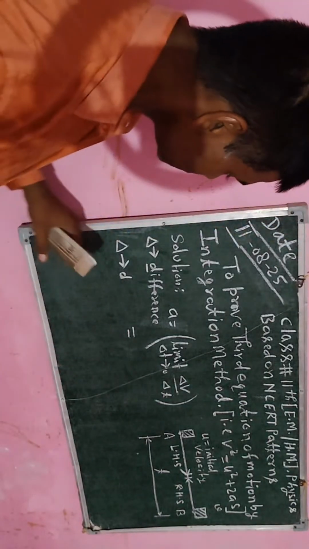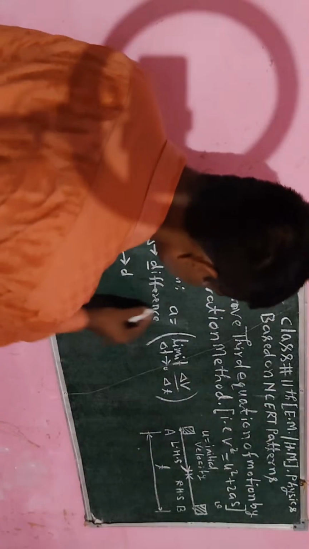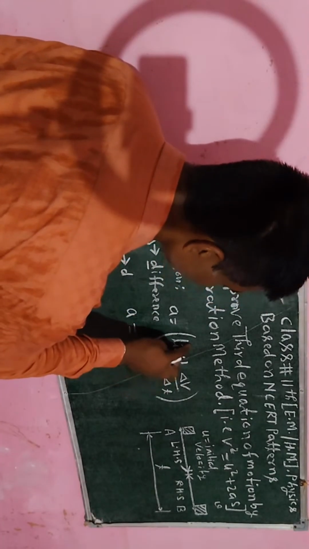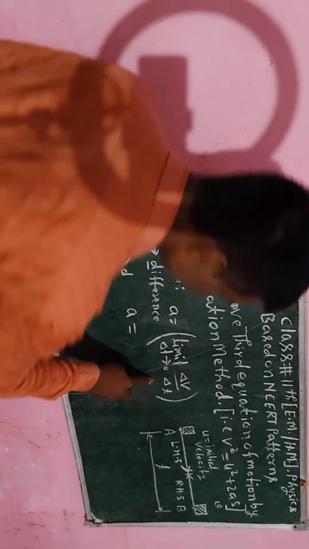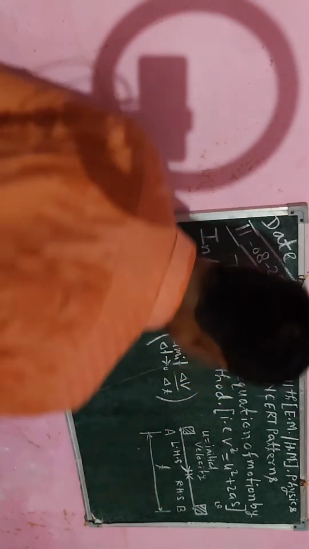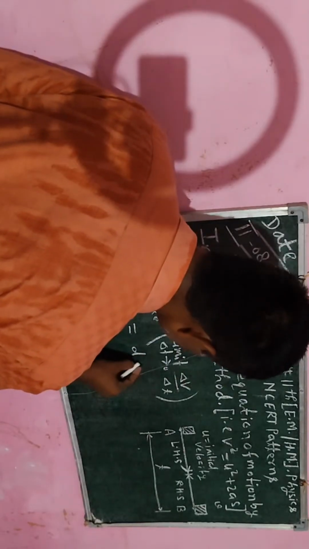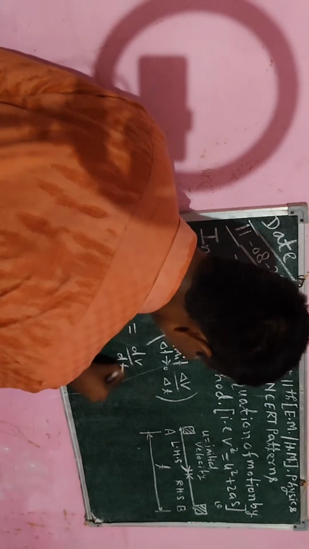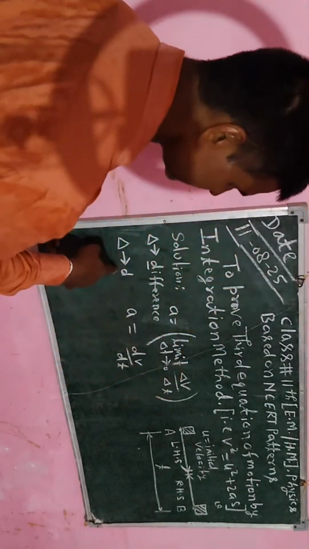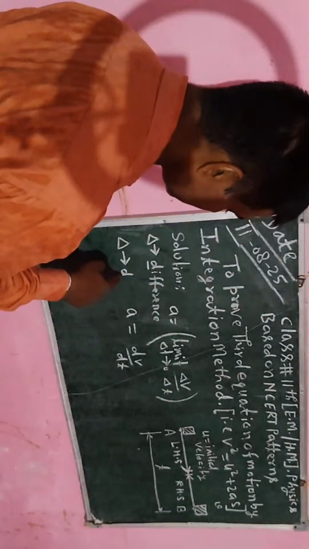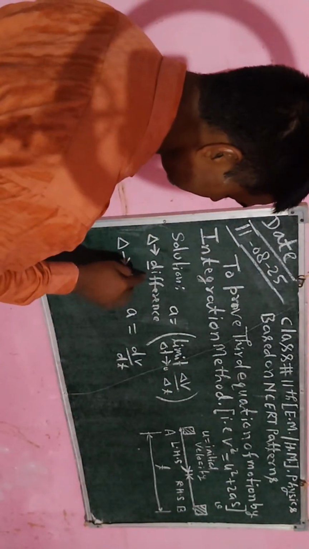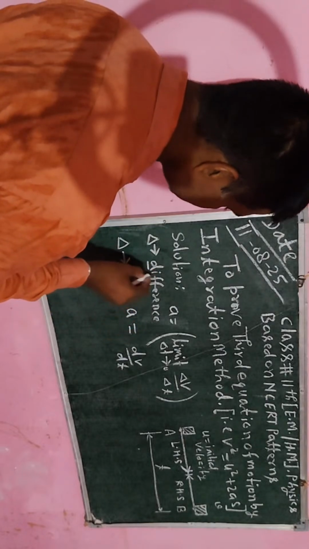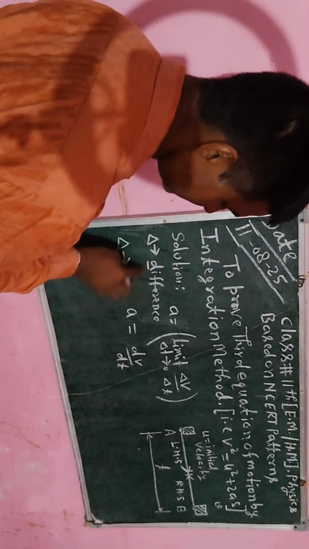Okay student. So here, in the place of acceleration I have to write a, and if I take the limit value of delta v divided by delta t, from A to B I can write that as dv divided by dt, because delta is converted into small d, since d is used in difference, and difference starts with small d.